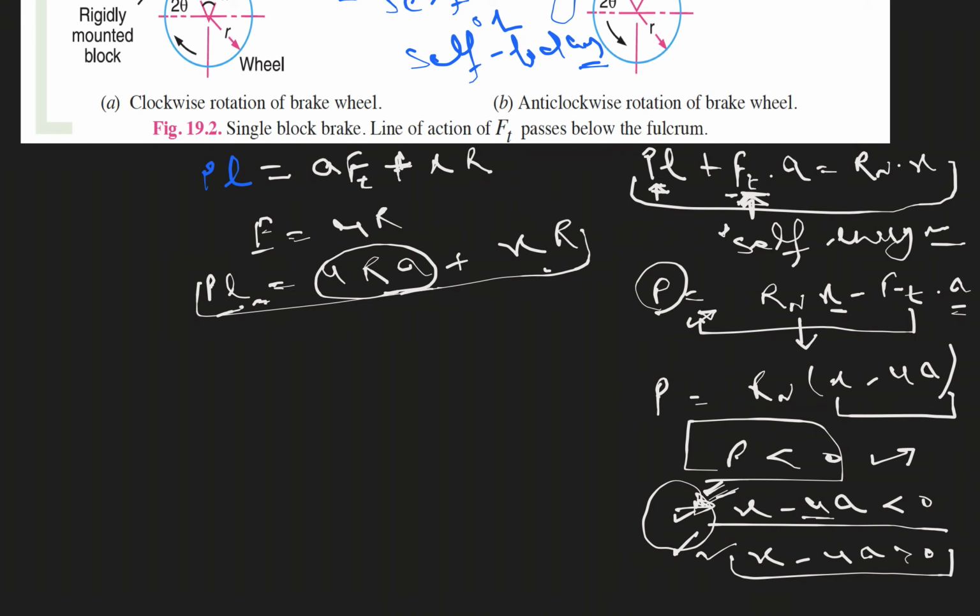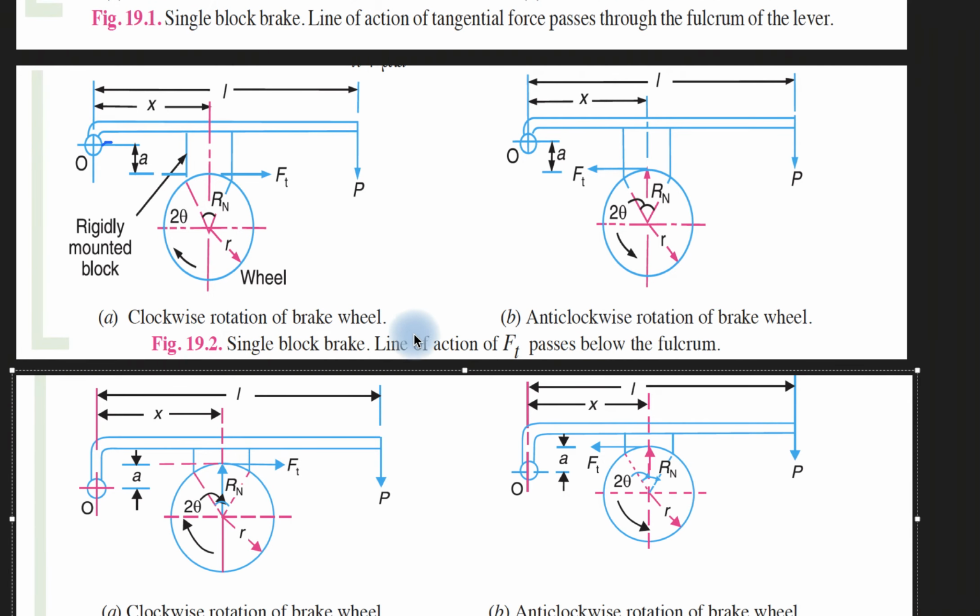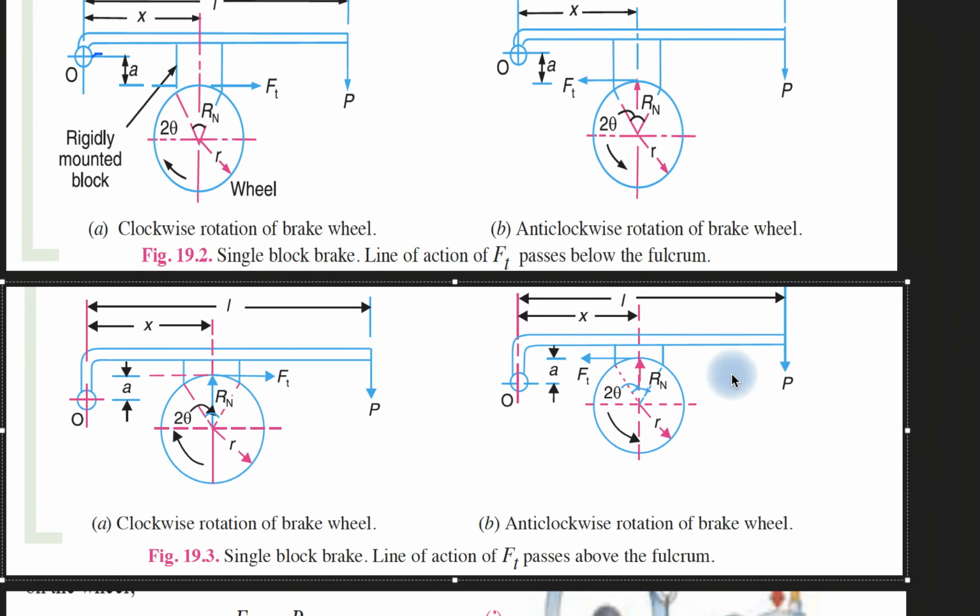So for another case, when the fulcrum is below the Ft, I can see here that the moment of P is clockwise, and the moment of Ft is also in clockwise direction.